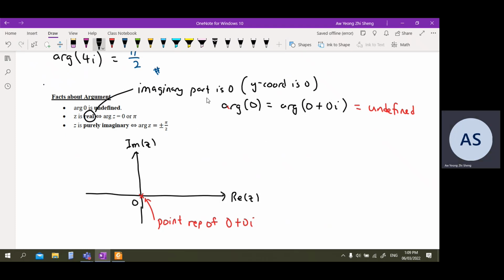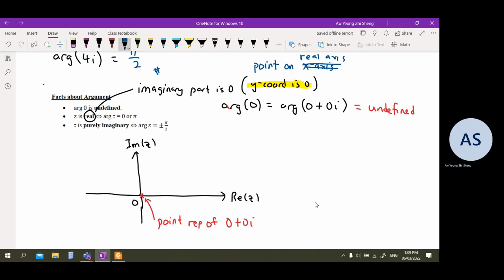Because the imaginary part becomes the y coordinate of the point representation on the Argand diagram. Right? So if z is a real number and you were to depict it on the Argand diagram, it will be a point with a y coordinate of 0. In other words, it is a point on the x-axis. Now, of course, in the Argand diagram, we don't really call it the x-axis, we call it the real axis. It's a point on the real axis.